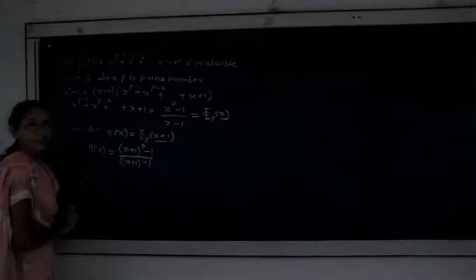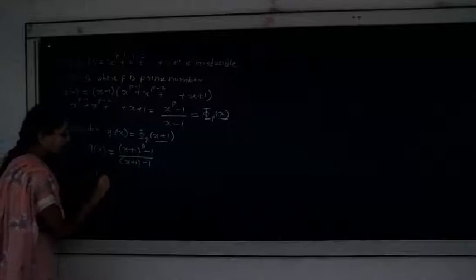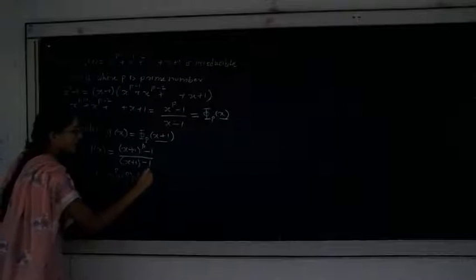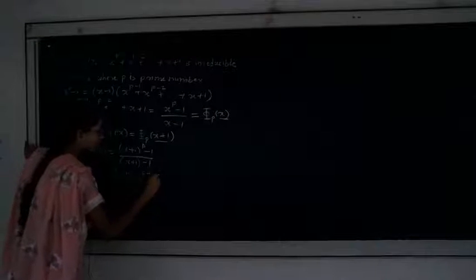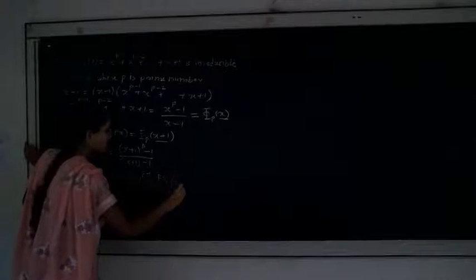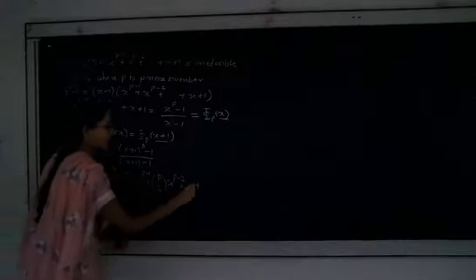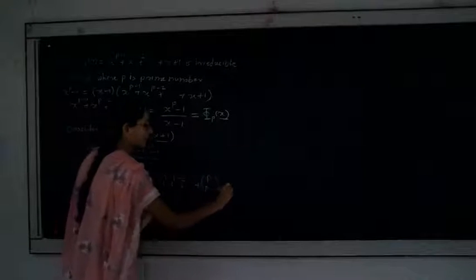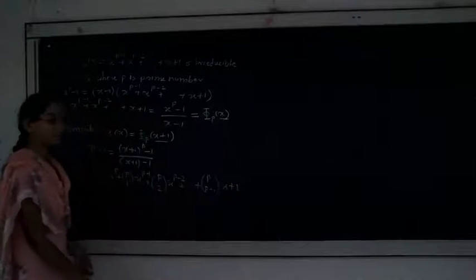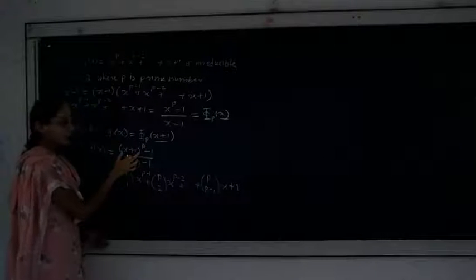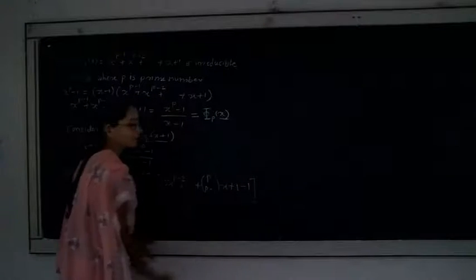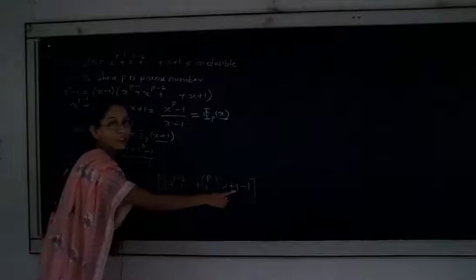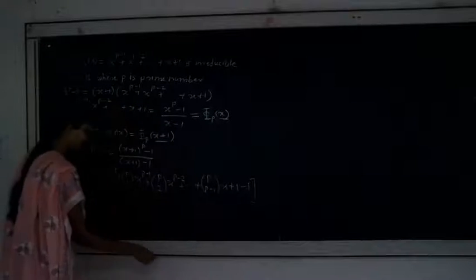So it is 1 upon x into the binomial expansion of this bracket: x raised to p plus p choose 1 x raised to p minus 1 plus p choose 2 x raised to p minus 2 plus up to p choose p minus 1 into x plus 1. This is the binomial expansion of (x plus 1) raised to p, and minus 1 is there. Plus 1 and minus 1 are cancelled. The coefficient of 1 is p choose p, whose value is 1.